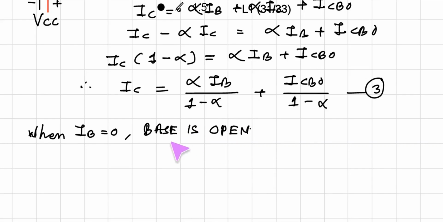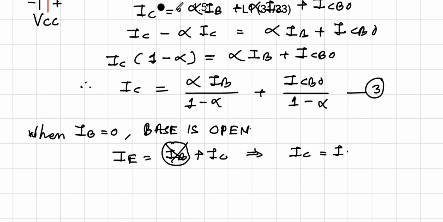So then we can say no question comes of flowing current, so we get directly, we know that IE is equal to IB plus IC, but we are considering this term is 0, so that gives us IC is exactly equal to IE. So this current which is flowing through the ammeter is ICEO.